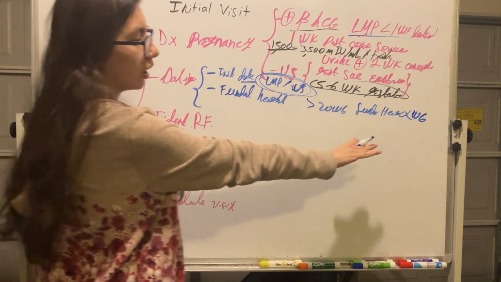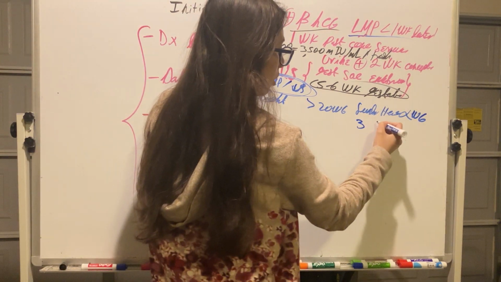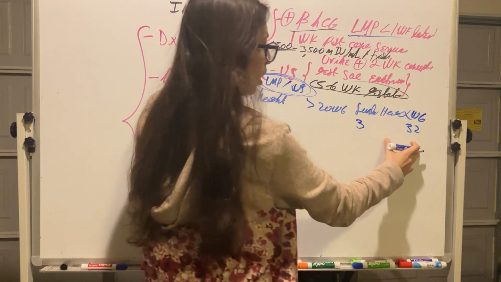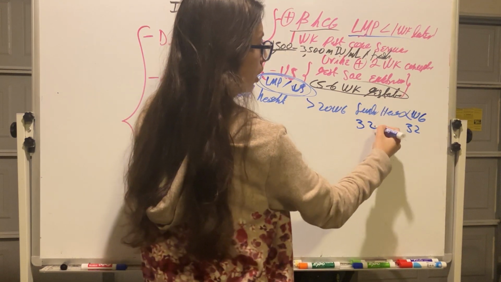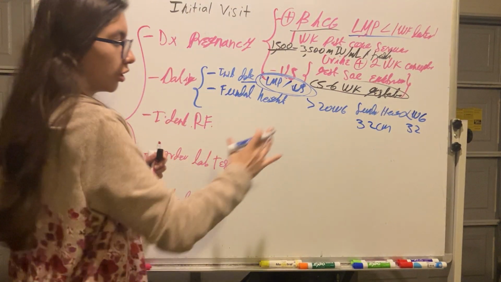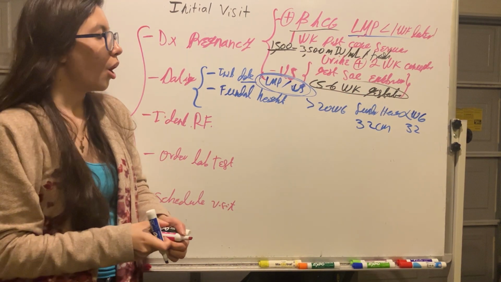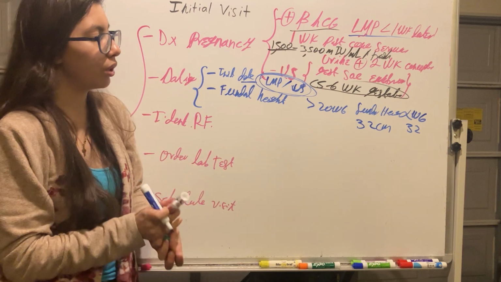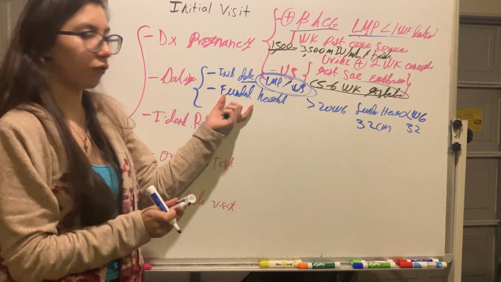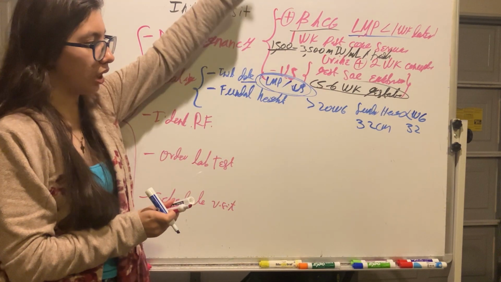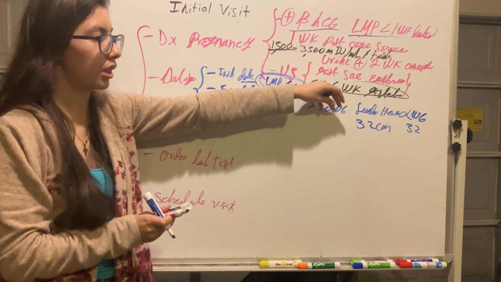So if a patient is at 32-week gestation, the fundal height would be 32 centimeters. This is a way in which we can have a good estimation of which gestational week the patient is in, measuring fundal height, if we don't know anything about the last menstrual period or ultrasound.